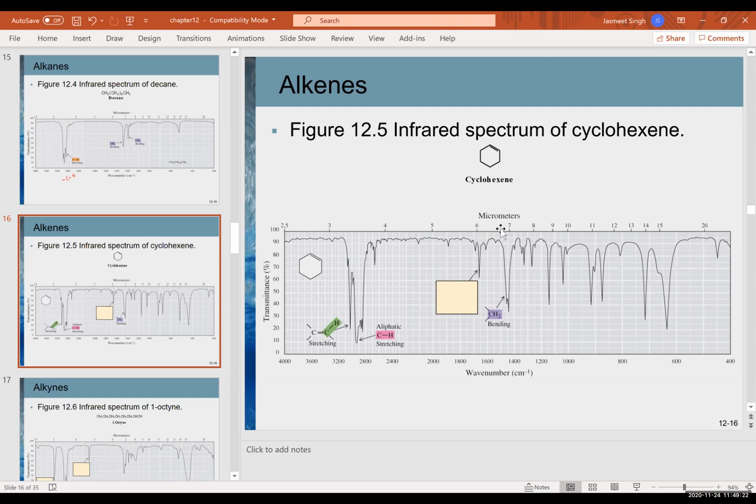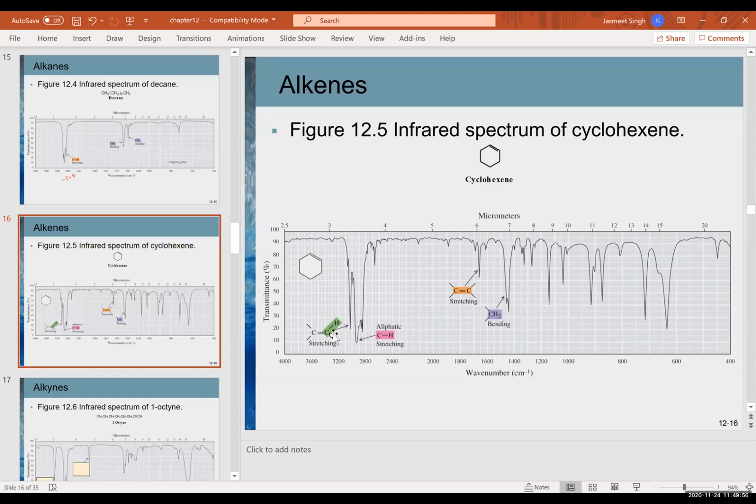And you can see the intensity is extremely low. In many cases, we don't even see it. In cyclohexene, it's there, but sometimes it's extremely small or within the baseline, so we don't see it many times. So the presence of a double bond can be indicated by this peak. This is C=C stretching, with a higher mass, that's why it is at a lower wave number value, but it does not appear all the time.